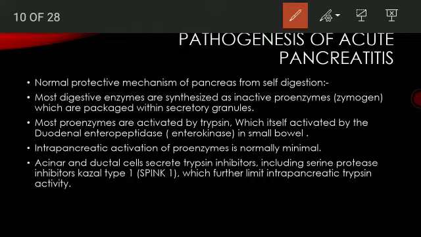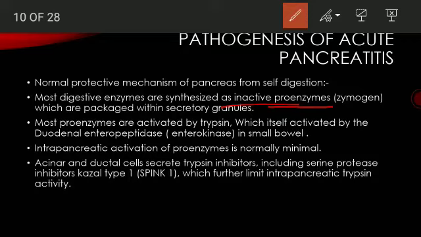But before that, we should understand the normal protective mechanism of the pancreas, which protects it from self-digestion. In the pancreas, most of the digestive enzymes are synthesized in the inactive proenzyme form, so they will not harm the pancreas itself.